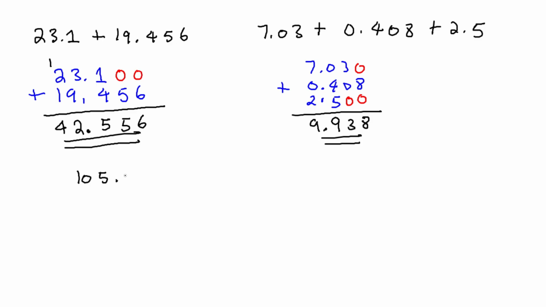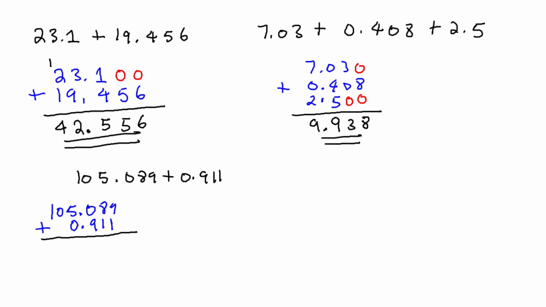Try to add this one. 1.05 plus 0.89 plus 0.911. Well, let's line up these numbers. Also, if you want, you can fill in with zeros on this side as well.